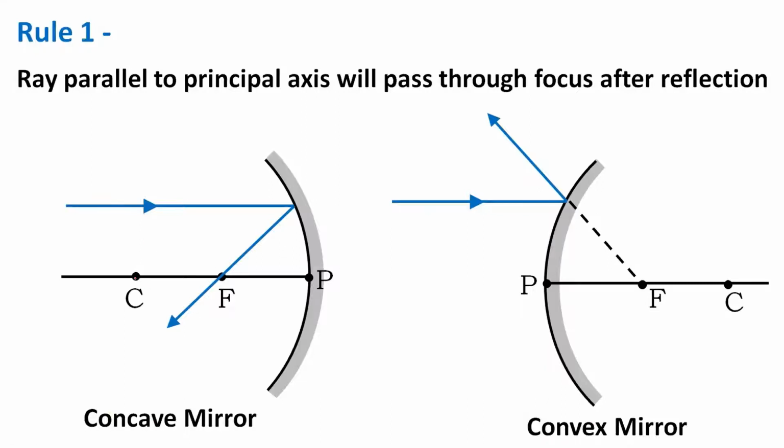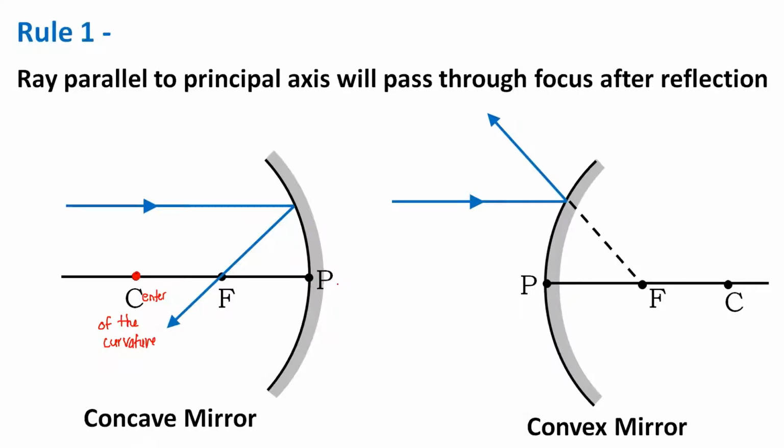In the concave, this is the center. If you complete the circle, this is the center of the sphere, and this is called the center of the curvature. Of this whole curvature, this is the center.